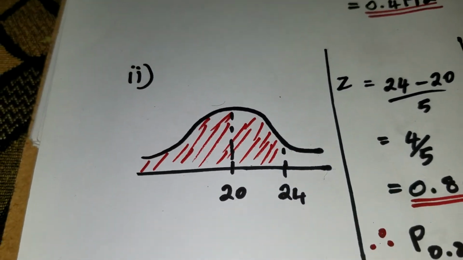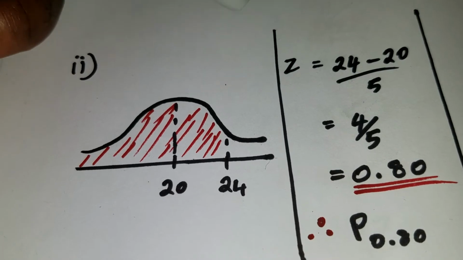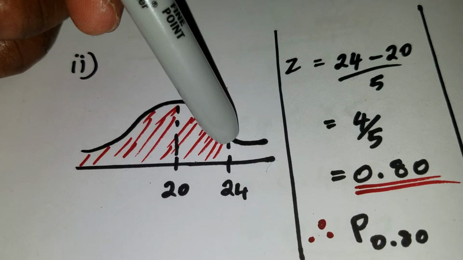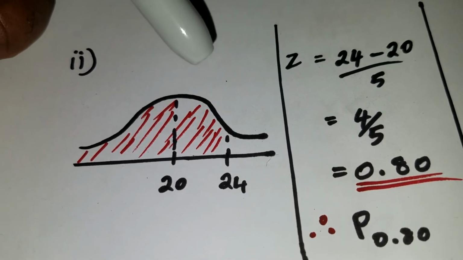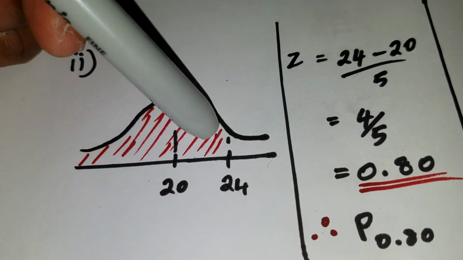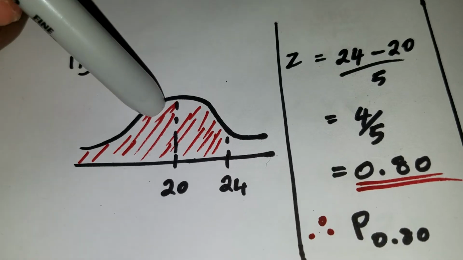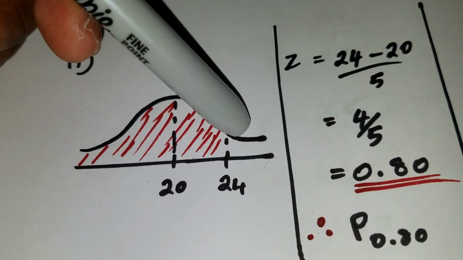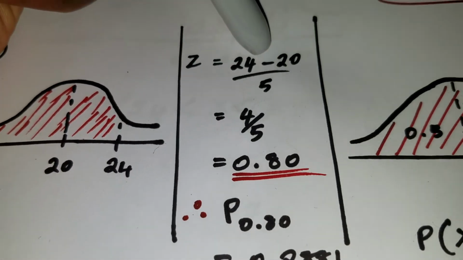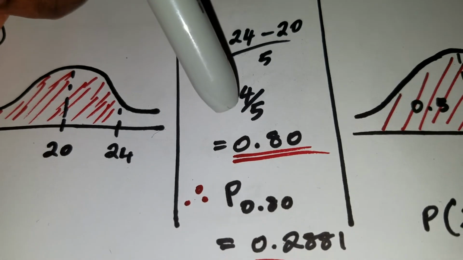Now, for part 2, it says find the probability that there will be less than 24 visits. We draw up our normal curve, and the mean is in the middle as well. 24 is greater than 20, so it'll be on the right as well. However, this time we want everything that is less than 24, so the entire shaded region represents the values less than 24. To standardize, we find the z-score: 24 minus 20 divided by 5 gives 0.80.